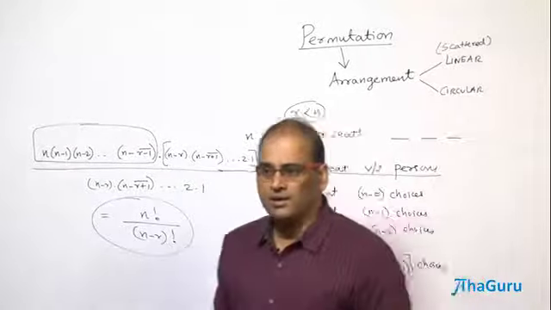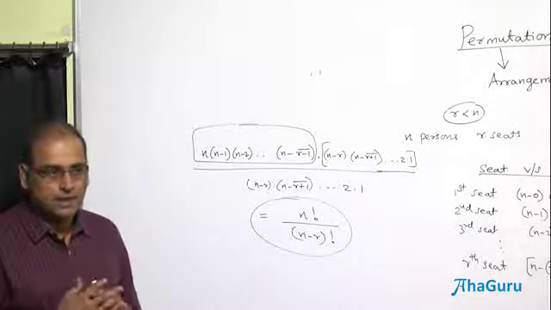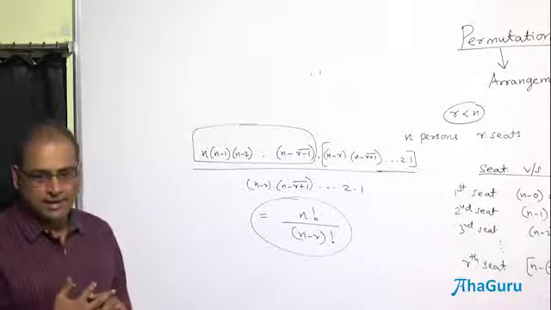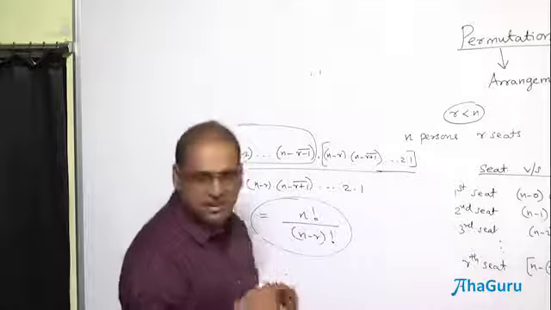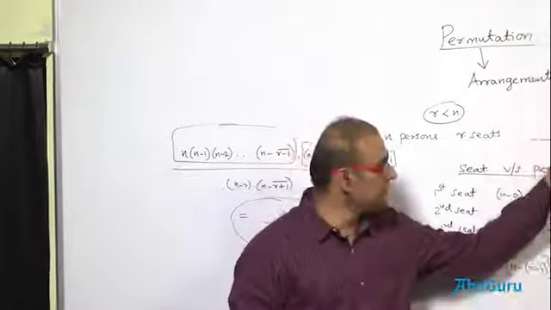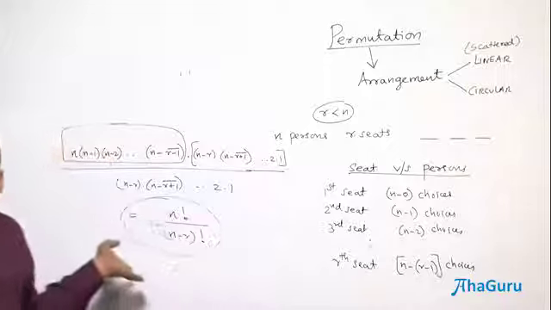But can we say it is also an arrangement? Arranging r items out of n items. Because suppose, for example, A, B, C are the 3 persons occupying: A sitting here, B sitting here and C sitting here, or A sitting here, B sitting here, C sitting here is different, and that would have been counted here.